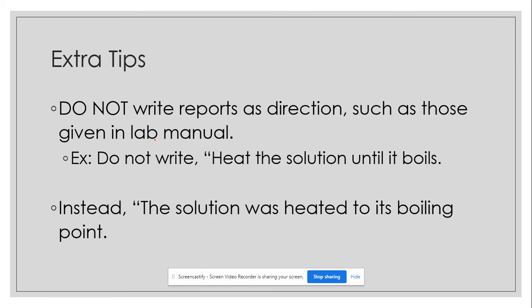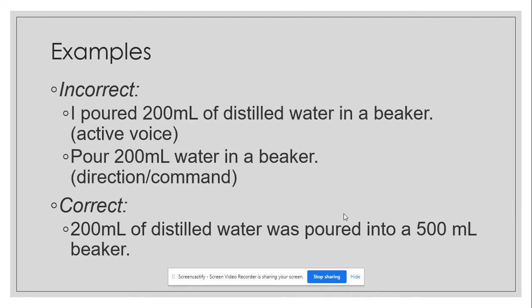A couple extra tips. Do not write lab reports as a direction, such as those given in your lab manual. So don't write, heat the solution until it boils. Instead, you want to say the solution, which is the object, was heated to its boiling point. Notice again we have that helping verb and it's past tense. A couple other examples.